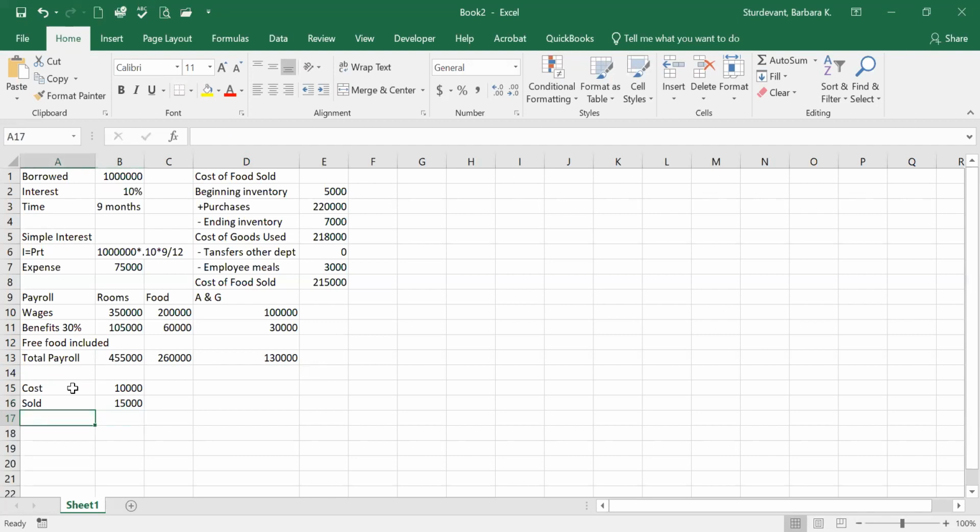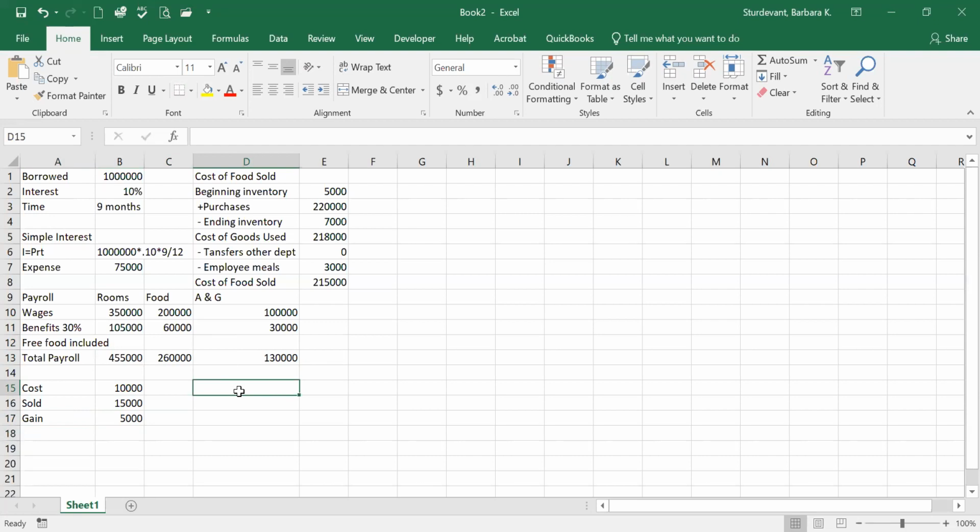So if we bought it for 10 and sold it for 15, what do we have? Did you make money? Did you gain or lose money? 5. You got a gain of 5, right? That's going to have to go on the income statement. That's going to be that other income I told you about.